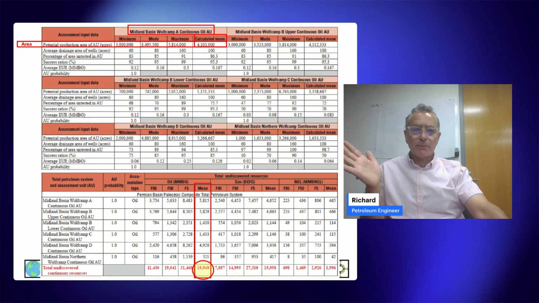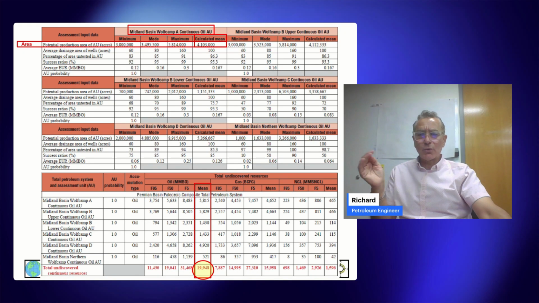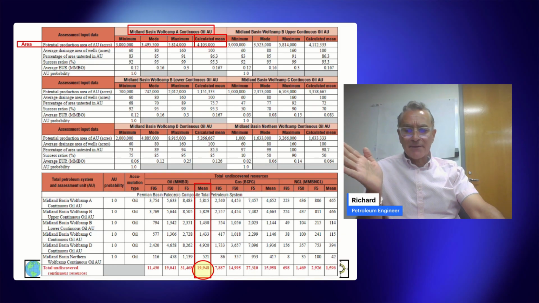For all intents and purposes, all I'm going to focus on is the aggregate sum of everything. It goes through all of the different reservoirs, and I'm going to look at basically the statistical log normal mean, which has been highlighted here in red.